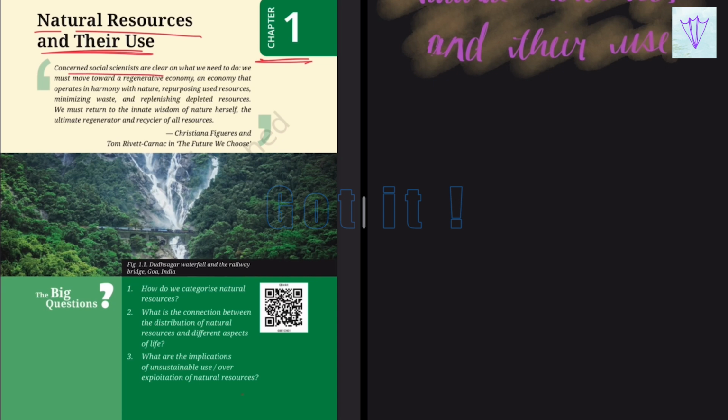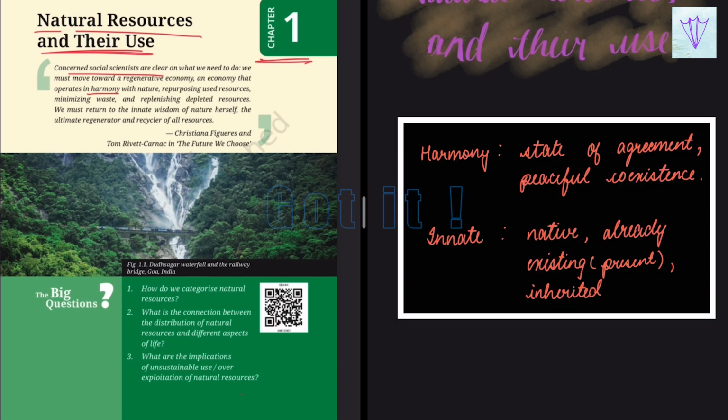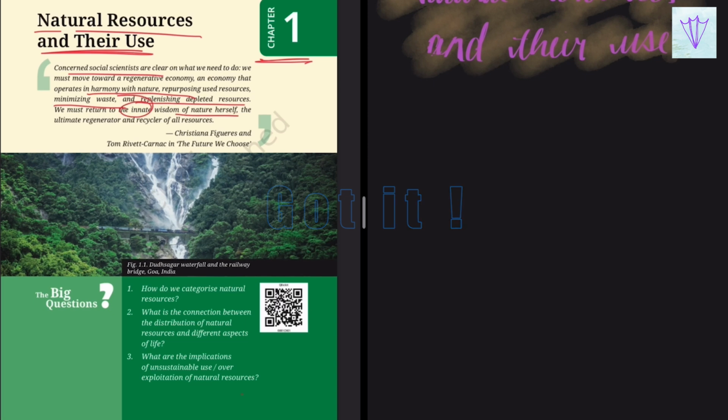We must move towards a generative or regenerative economy, an economy that operates in harmony with nature, repurposing used resources, minimizing waste, and replenishing depleted resources. We must return to the innate wisdom of nature herself, the ultimate regenerator and recycler of all resources.